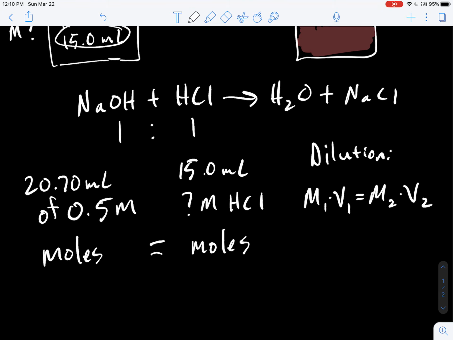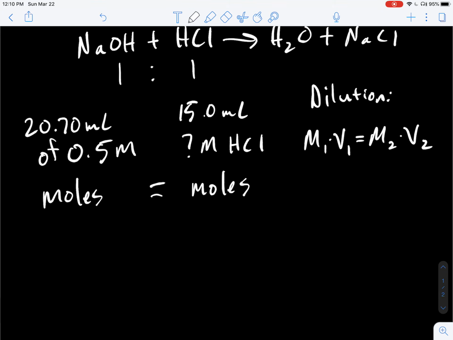It's very similar to that, because if we think about this, the molarity times volume will equal moles, and that has to equal the same thing on the right, because they react in a 1-to-1 ratio.